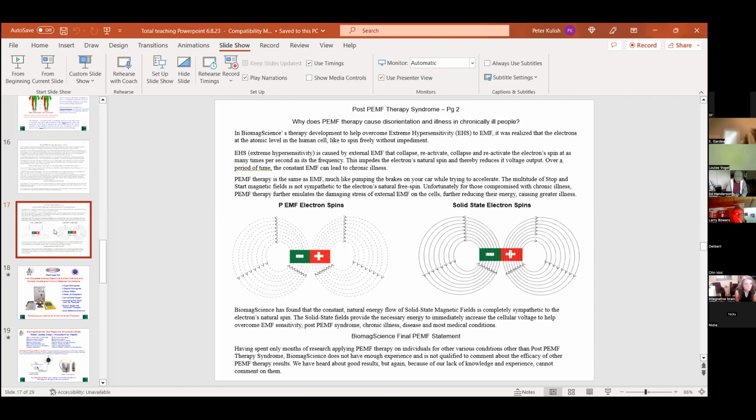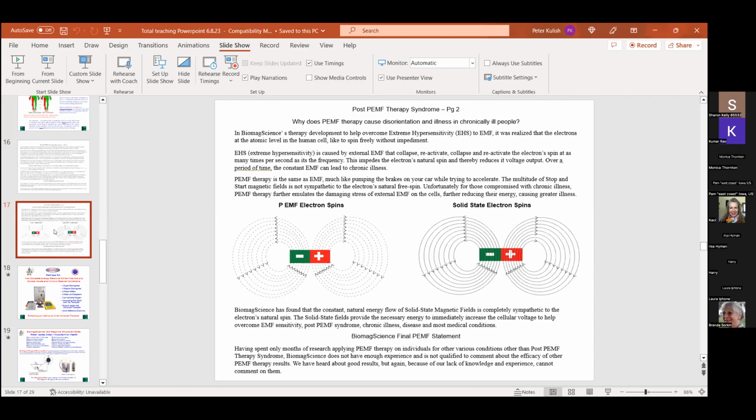The pulsing is not natural to the free spin, whereas the solid state is constant and can build it. Pulsing literally is like trying to accelerate in your car and you keep hitting the brakes. And so what it does is it reduces the spin.